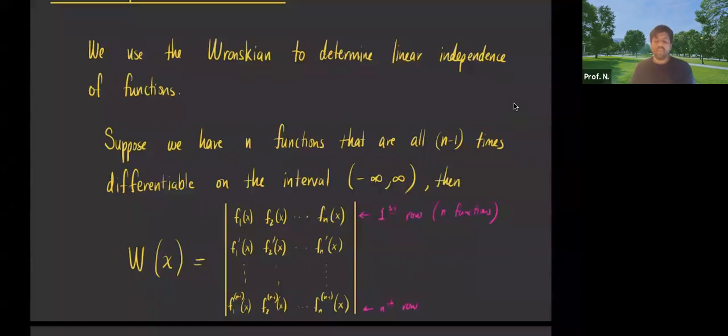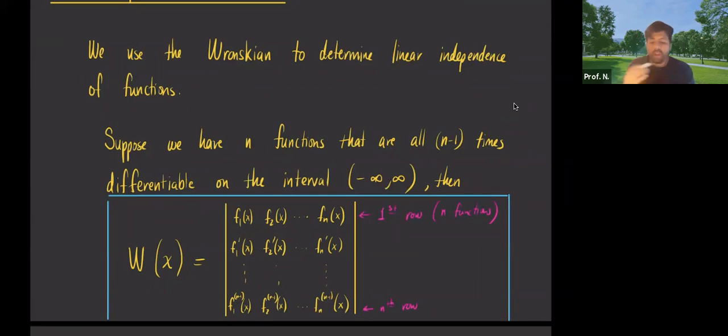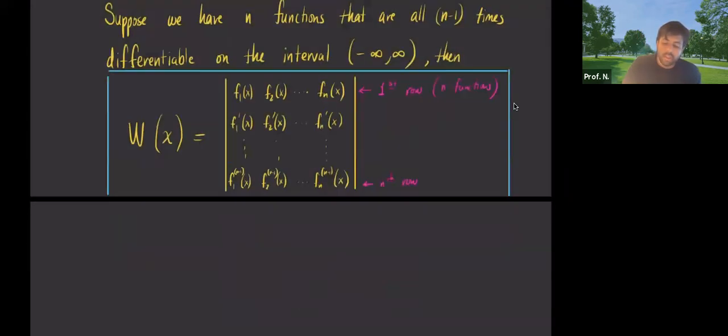So this determinant is what's called the Wronskian. Now, determining whether they're linearly independent will boil down to whether the Wronskian is 0 or non-zero on the interval negative infinity to infinity.